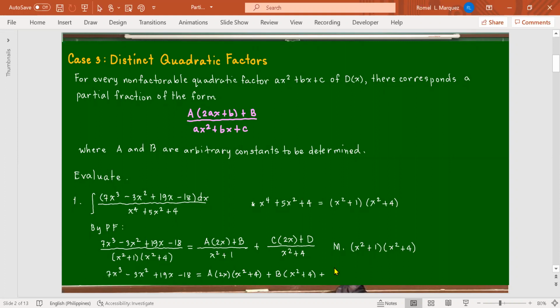So we now have C times 2x times x squared plus 1, and then plus D times x squared plus 1.